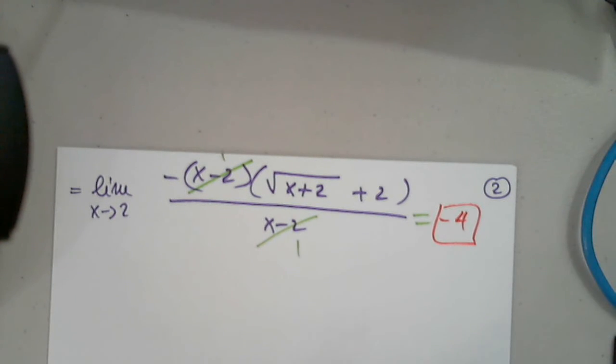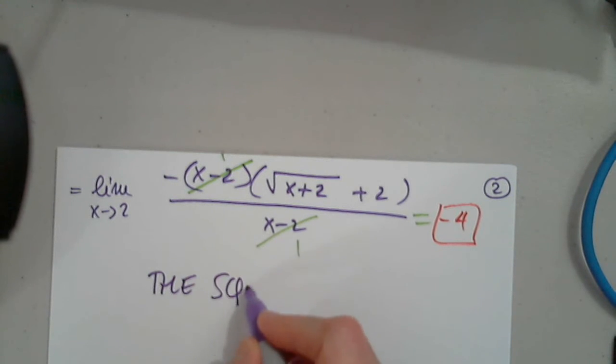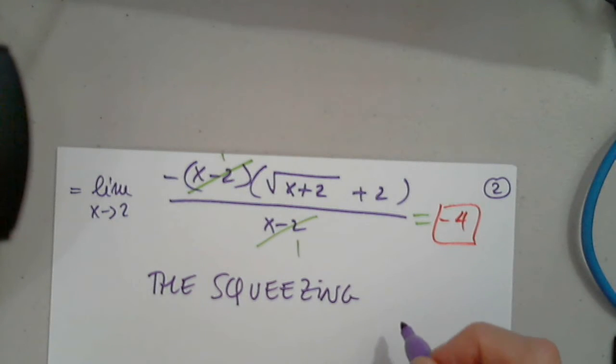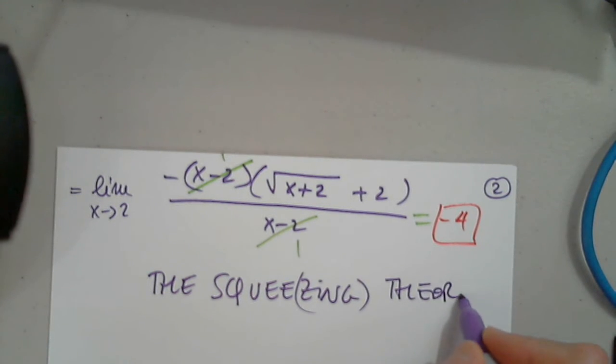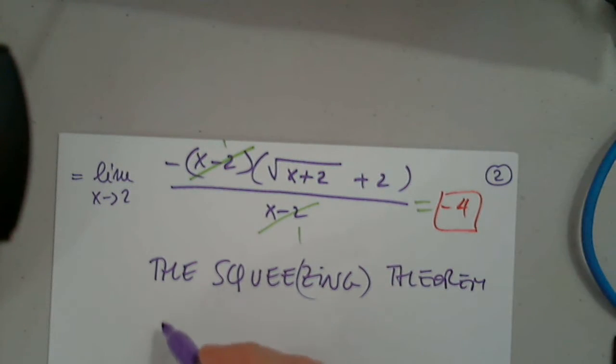Okay, now I would like to talk about what it's called the squeezing theorem, or the squeeze theorem. Okay. So here's the idea. Let's suppose we have a function that is f of x.